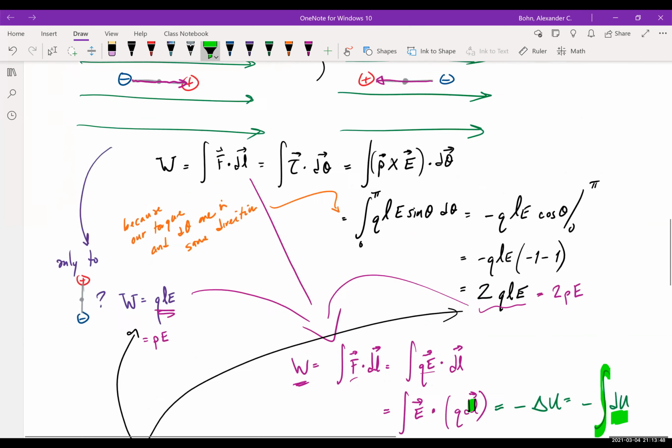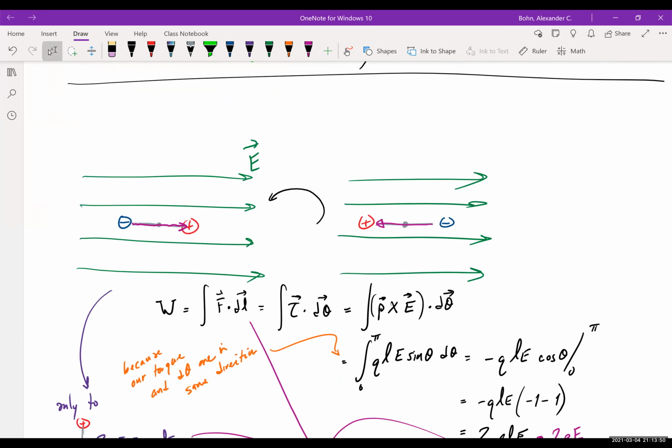The field and the dipole moment. The cosine is positive in this orientation. The dot product is positive. Here, the dot product is negative.